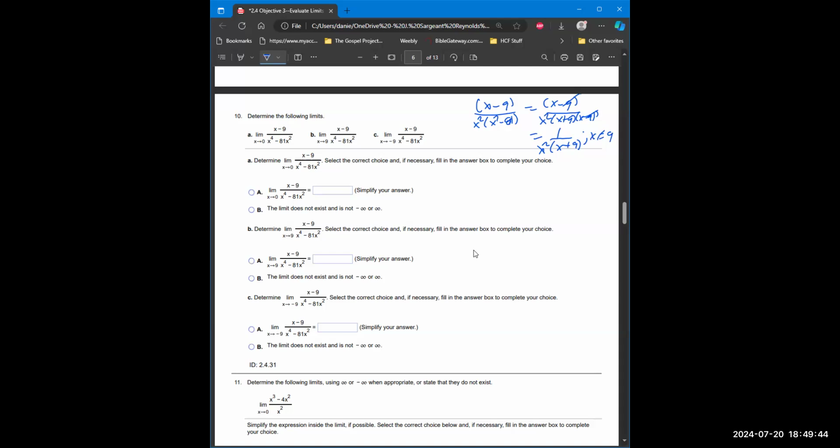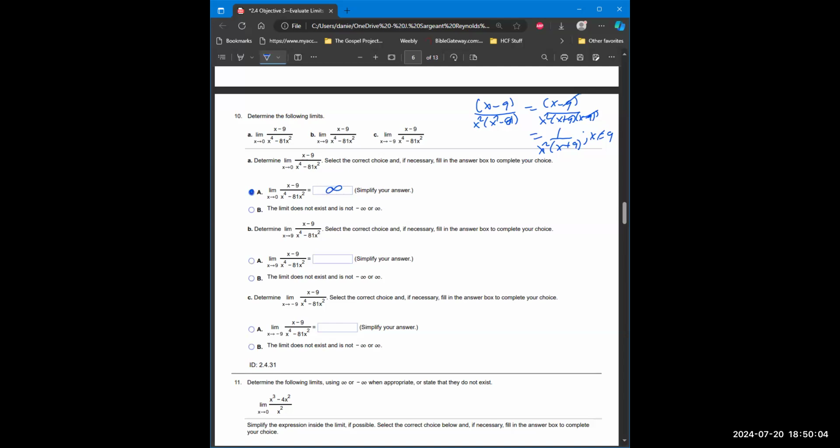So if we're sticking 0 in there, which is not 9, I don't have to worry about that hole. That's going to be a positive number there, positive number there. That's going to go to positive infinity.